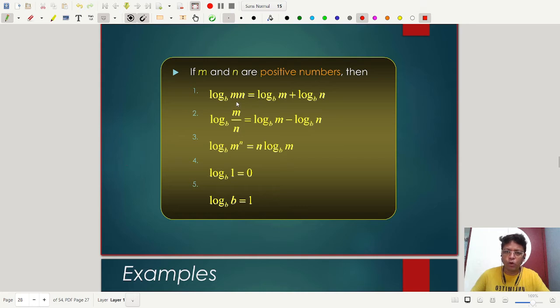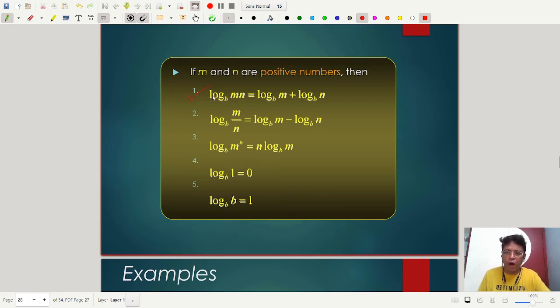So if there is a product of two numbers, then the log can be split into a sum. And if there is a division, then it becomes a difference of logarithms. And if there is a power, then it is n log m base a. And log 1 is 0, and log b base b is 1.